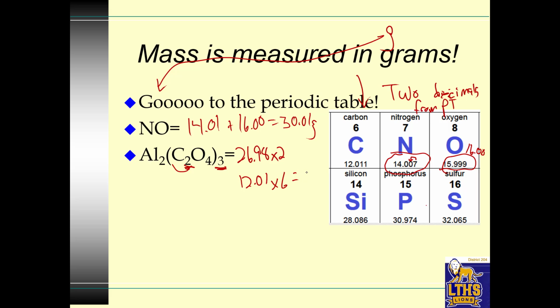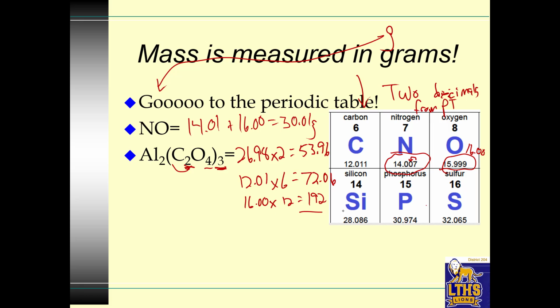And this is 72.06. This is 53.96. And then my oxygens, I have 4 times 3. Oxygen is 16.00. 4 times 3 is 12. And that is 192.